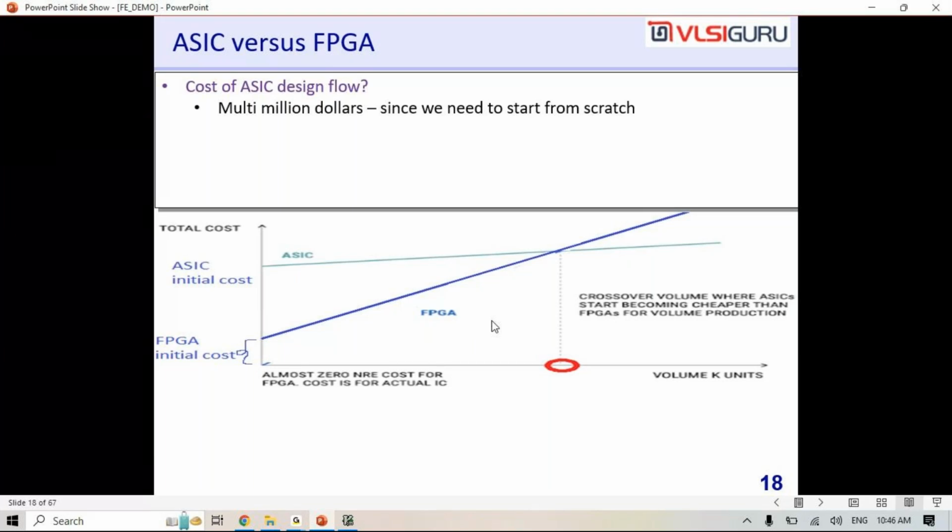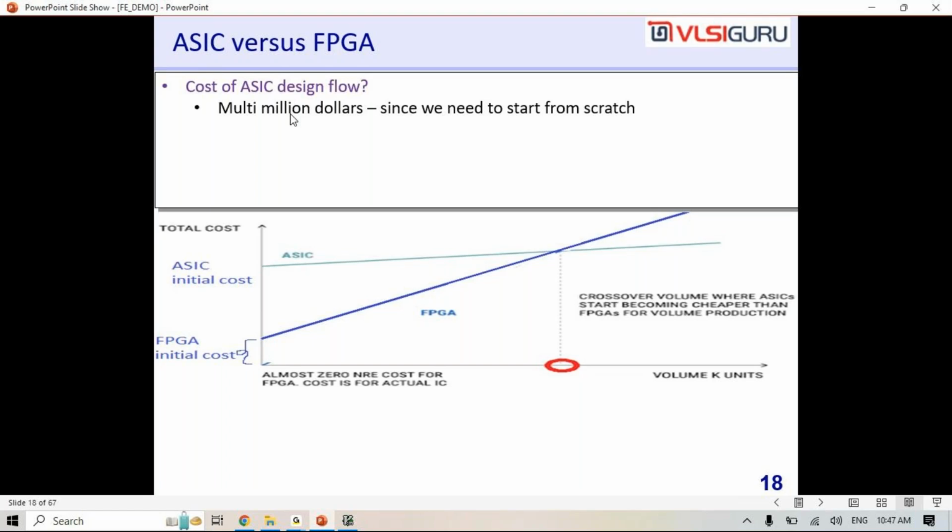Anyway, coming back to this, the problem with the ASIC design flow is that the initial investment runs into multiple million dollars. What is $1 million at the current exchange rate? 8.7 crores. So if I am talking about $10 million, which might be a typical cost for one entire cycle, it is 87 crores.